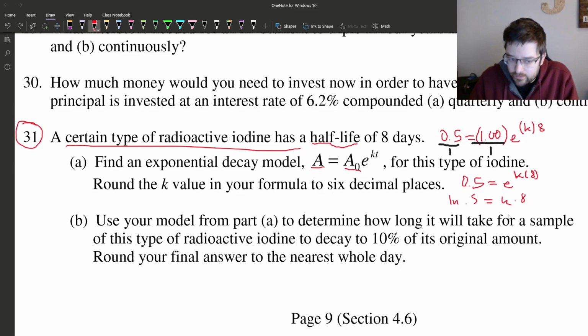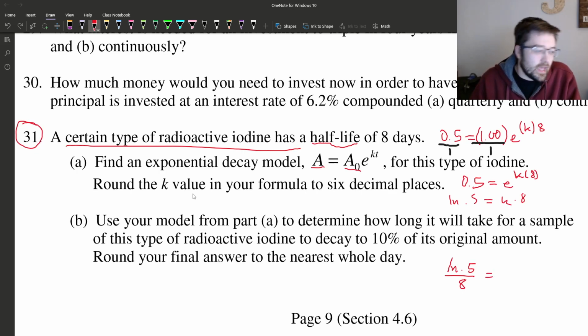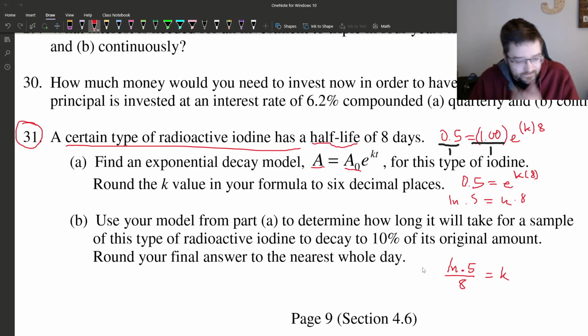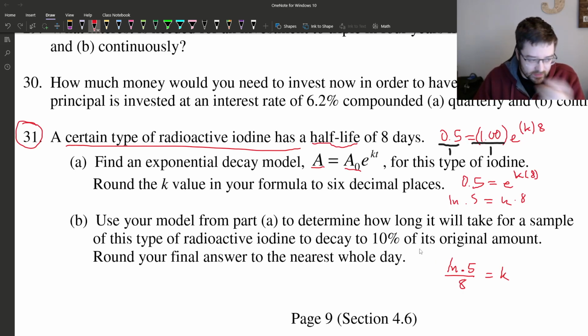Natural log 0.5 divided by 8 will get you to the value you need. So we can find our k value for our decay value, really. Decay value for k is going to be natural log 0.5 divided by 8. And then you can see that decimal approximation below.